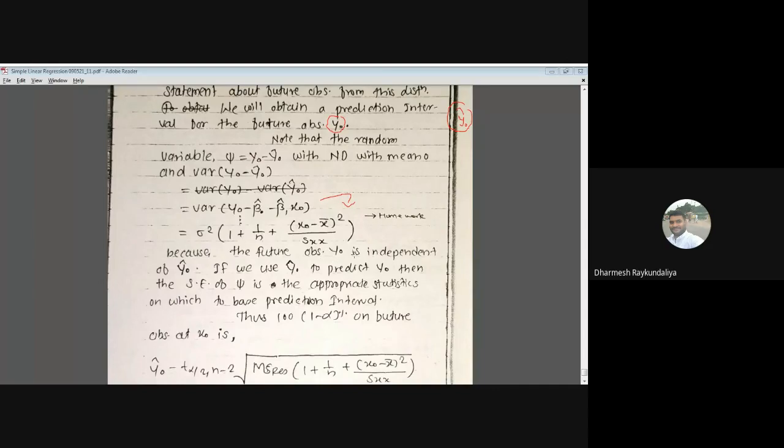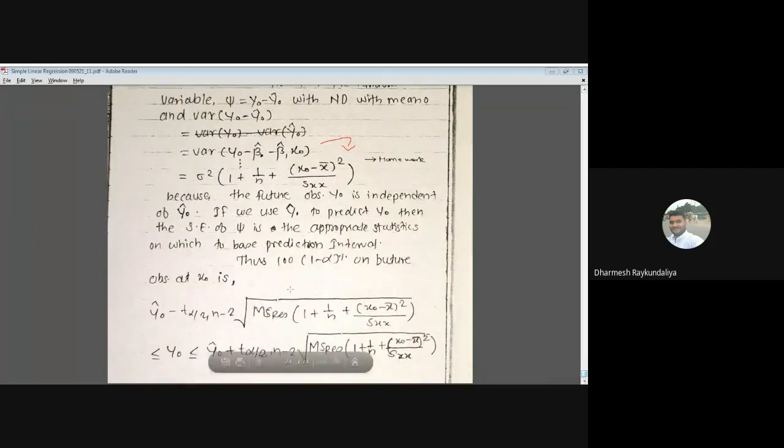So of course, if you wish to find out the confidence interval, it has the t distribution. So what is that? The 95% prediction interval for the future observation at x0 is given by y0 cap, that is the future observation estimated value, plus or minus t alpha by 2, n minus 2, and the standard error of y0 minus beta 0 cap minus beta 1 cap x0.